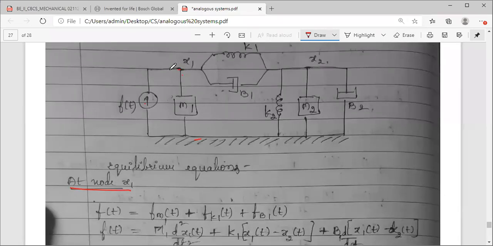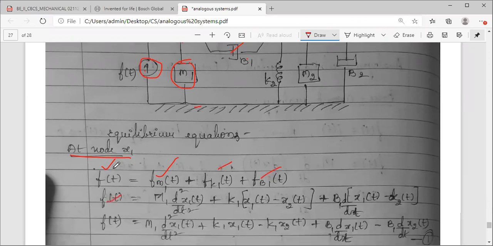At x1, how many forces are there? See, this is one: the applied force, which is equal to, by Newton's law of motion, Fm1, plus these two I have to consider, Fk1 and Fb1.